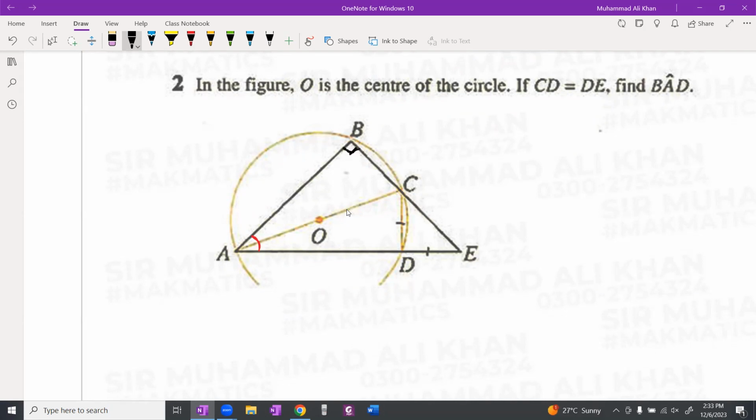If this is 90 degrees, then opposite angle, this is also 90 degrees. And according to the diagram, it's an isosceles triangle. These are 45, 45, because if this one is 90, then these two angles are half of 90. So 45 and 45. We have to calculate angle BAD. So if I'll calculate this angle, 180 minus 45, it is 135. And it is opposite to the required angle. So 135, 180 minus 135, the result is 45 degrees.